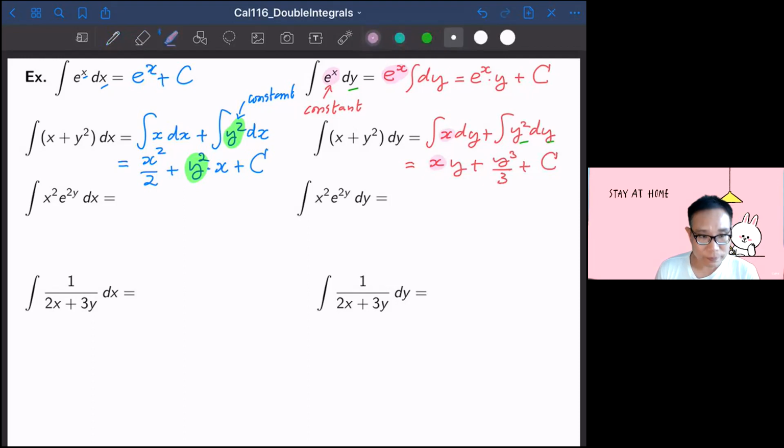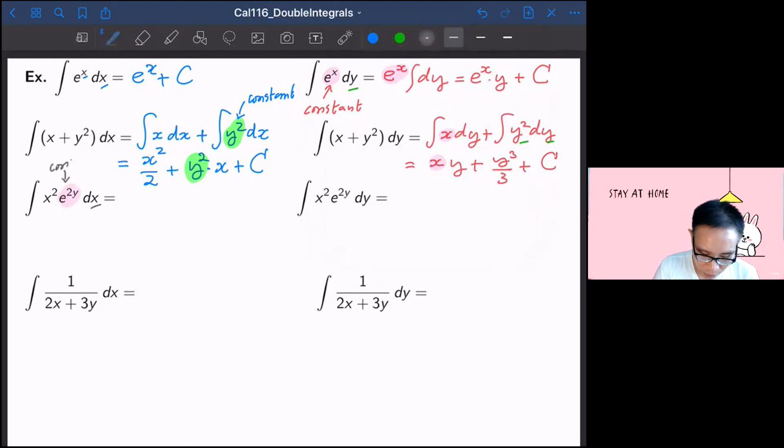The next one, you see constant multiple again. The variable that you are integrating turns out to be x, so the constant turns out to be e to the 2y.